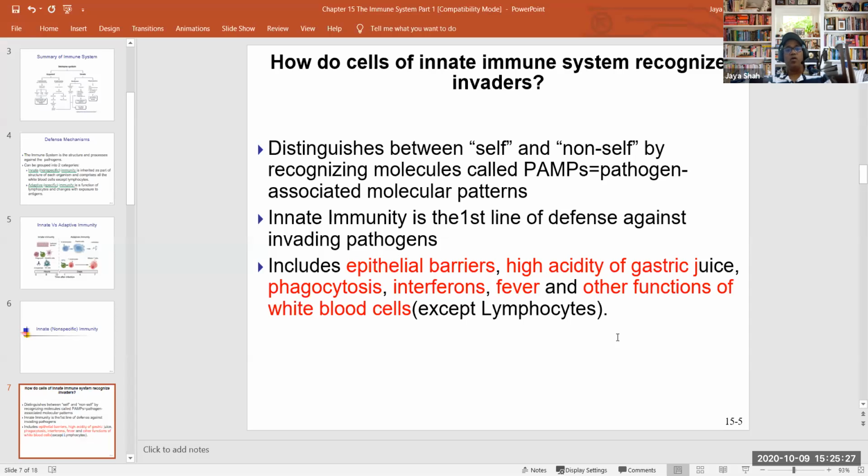So all this list are parts of the innate immune system.